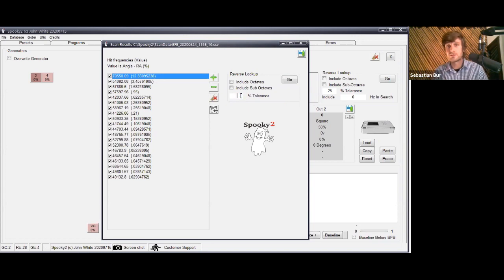Obviously, if I put this to like 10%, it wouldn't make much sense because it will pick so many things, because it will have such a wide range around that frequency to look for. So you want to keep that as a default. I would just always click on go for whatever it shows up. If there isn't anything, you can dig a little deeper and increase the tolerance to get an idea what it could be.